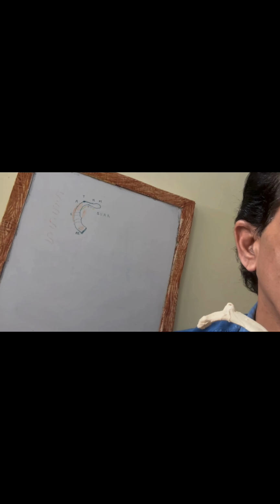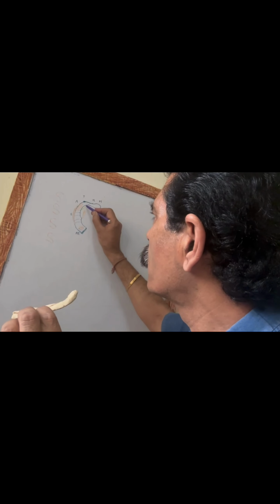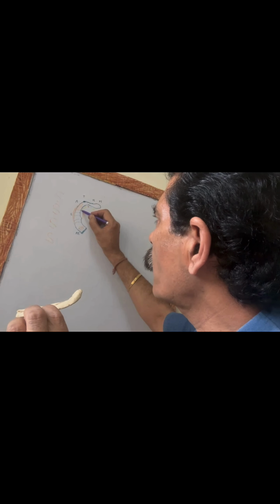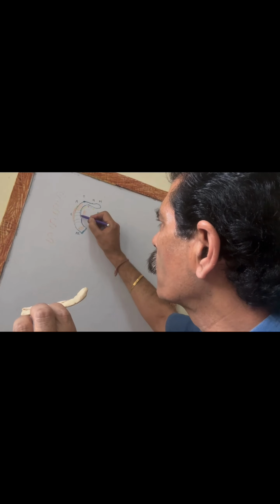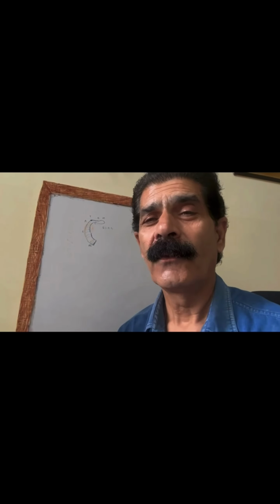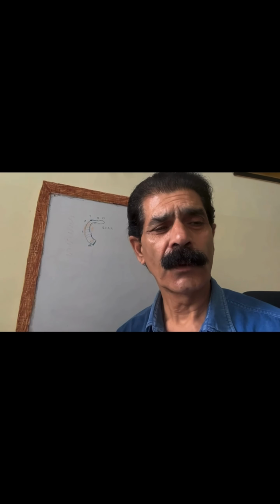Then the inner border is also related, or here is attached, the suprapleural membrane or Sibson's fascia. Then two grooves. One is the anterior groove and the other is the posterior groove.